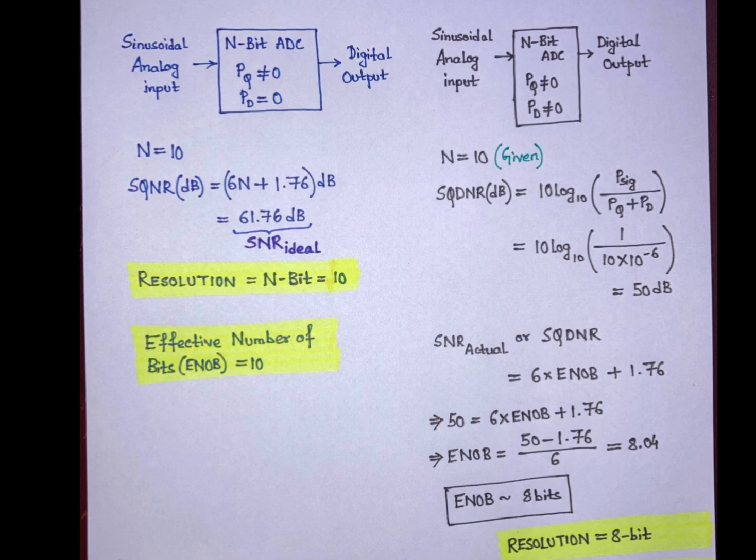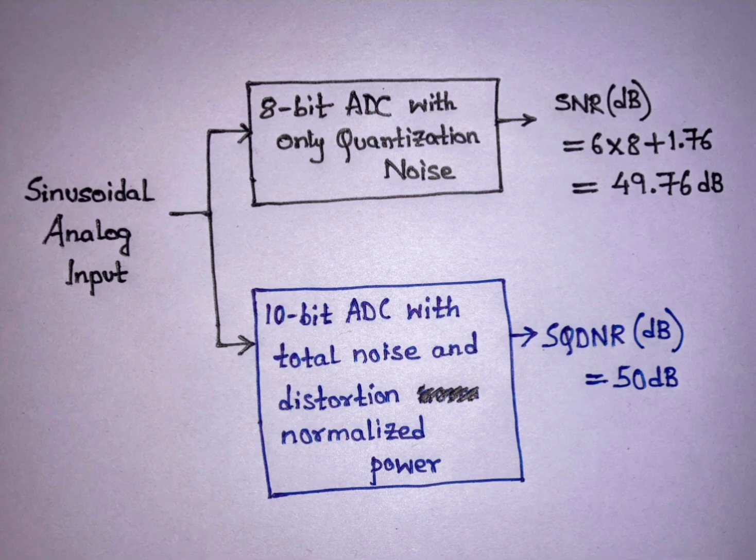Although it is a 10-bit ADC, due to quantization noise and some other noises which are not given, and also due to distortion, the ADC is not performing like a 10-bit ADC. It is performing like an 8-bit ADC. This is unfortunate, so let me explain it in the next slide. Here you can see the same sinusoidal input given to an 8-bit ADC where there is only quantization noise.